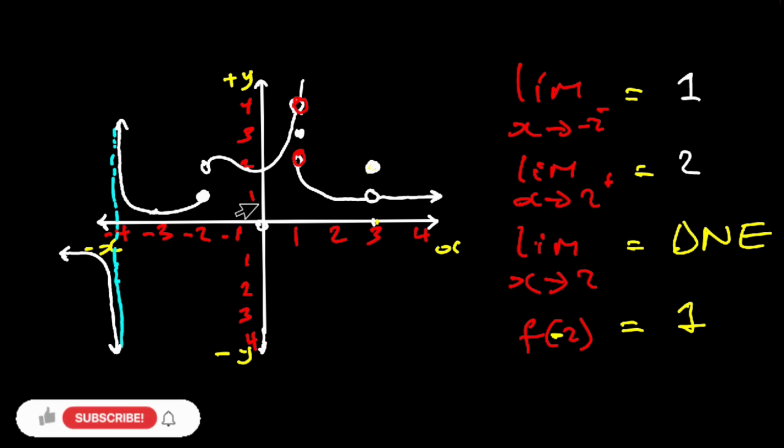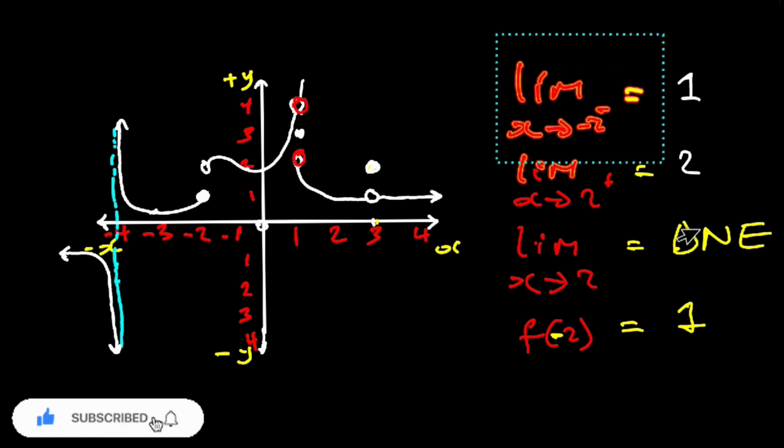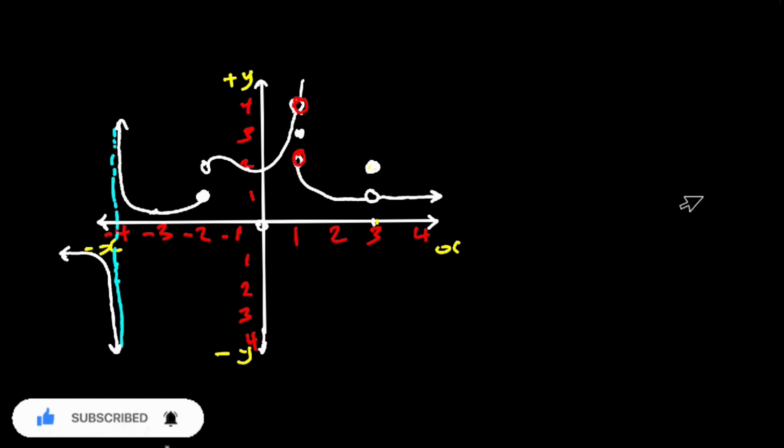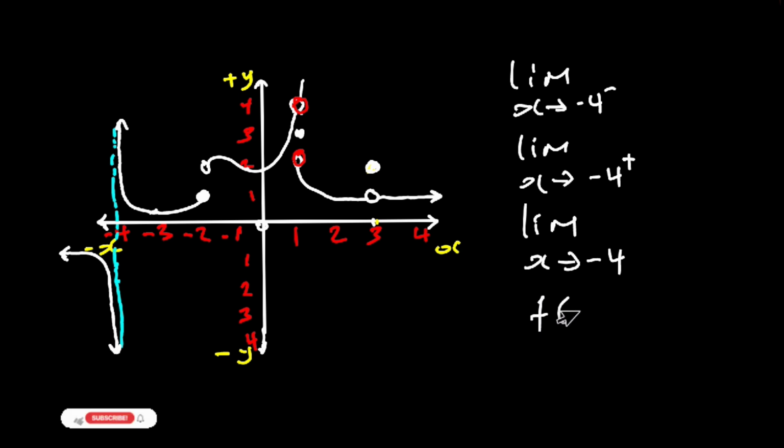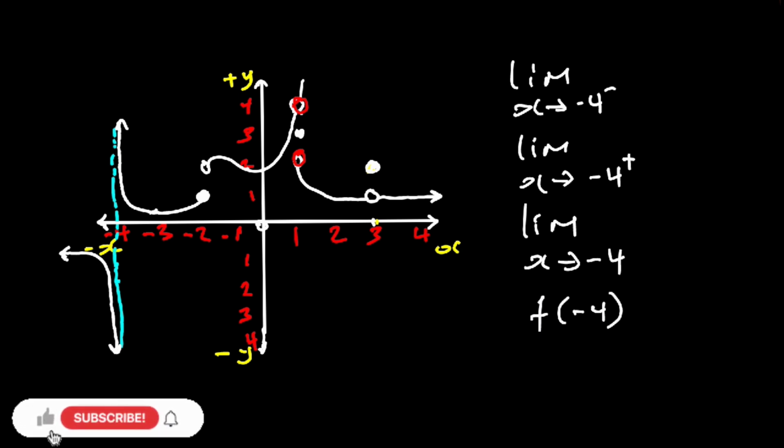So let's solve the final question, which is when x approaches -4. So let's find the limit as x approaches -4. Now, as x approaches -4 from the left, we're going to follow this curve.